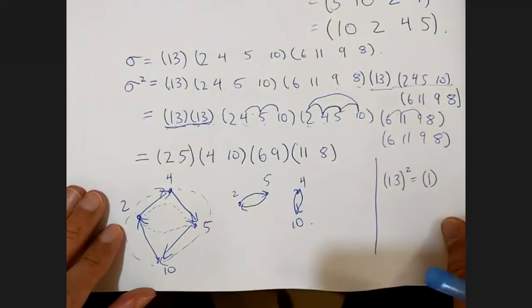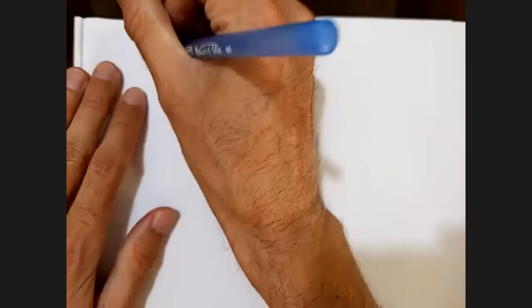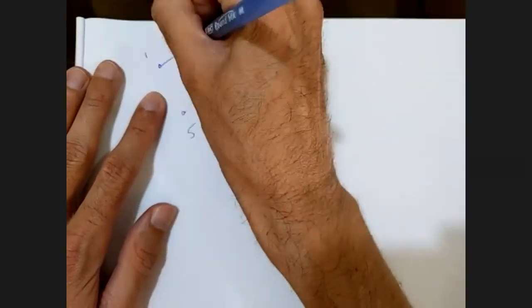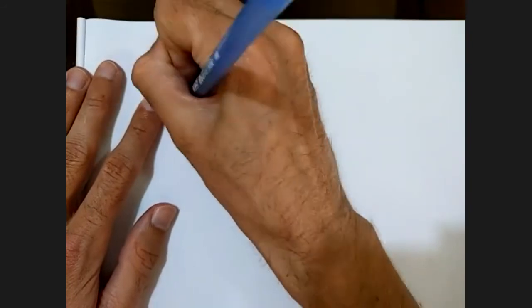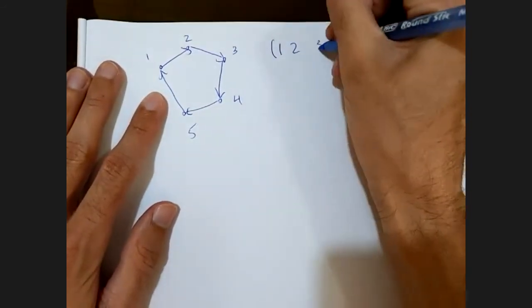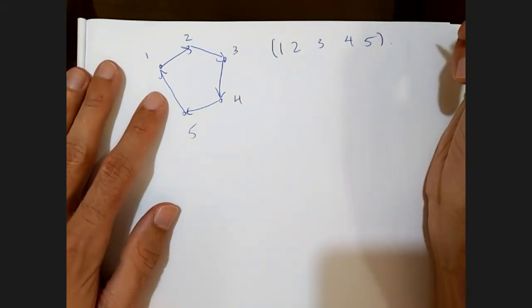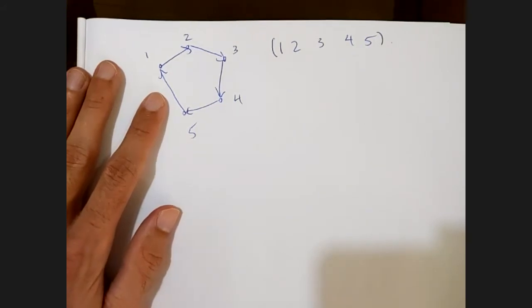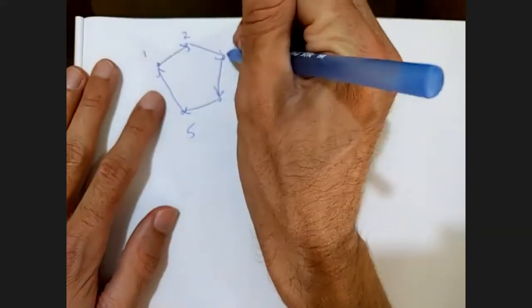Well, let's just do the 5 cycle, 1, 2, 3, 4, 5. And now, a good question: what's going to happen to this cycle if I follow 2 arrows?